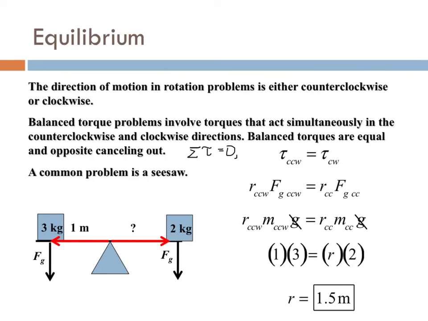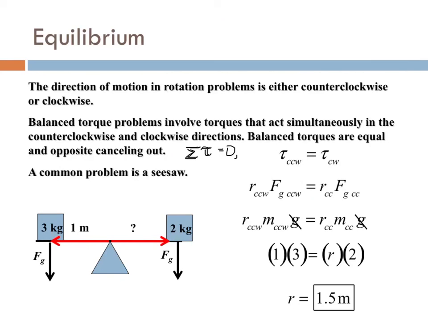So when you add these two together and you get a sum of 0, then that means you have no rotation. So an easy way to calculate when an object will be in equilibrium is to set the clockwise torques and the counterclockwise torques equal to each other and then solve for whatever information you're being asked to solve for.